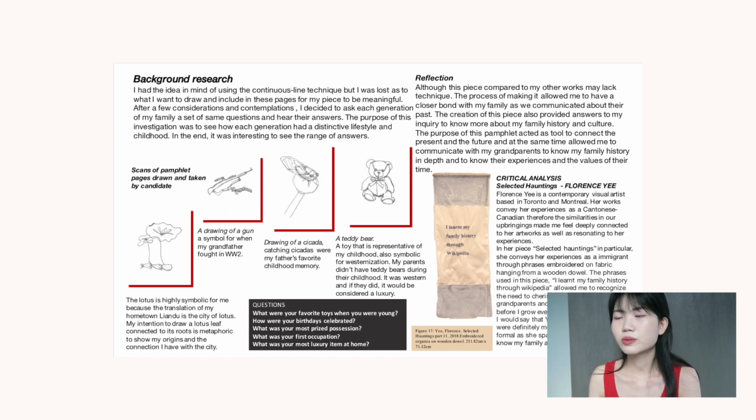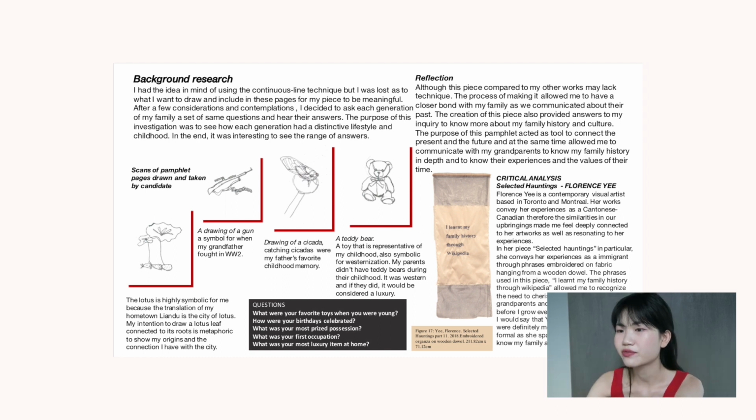So I started with some background research, and since the IB focuses a lot on processes, I decided to interview 3 generations in my family to the same questions. For instance, what was their first job, to kind of see how values shifted through the generation.